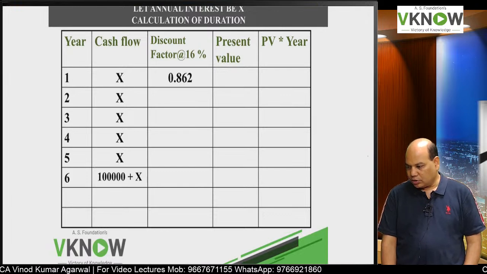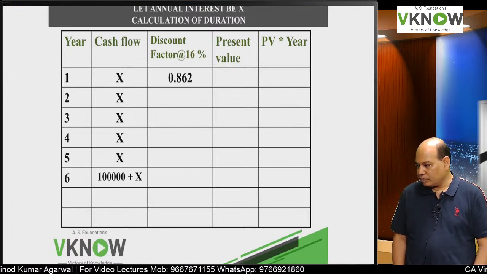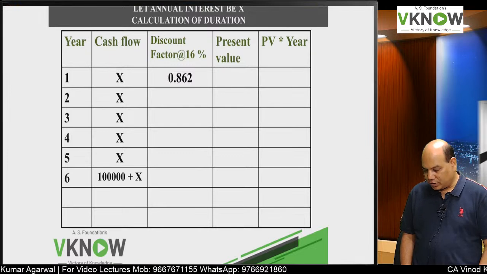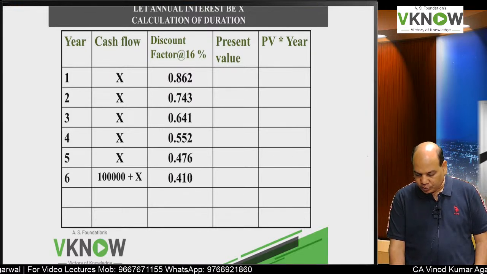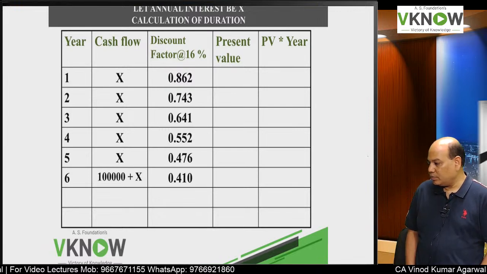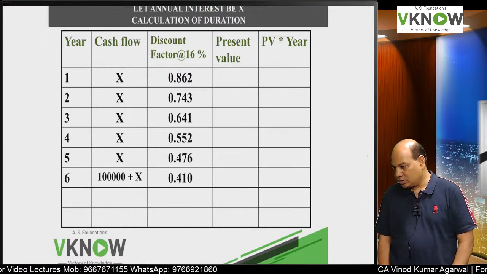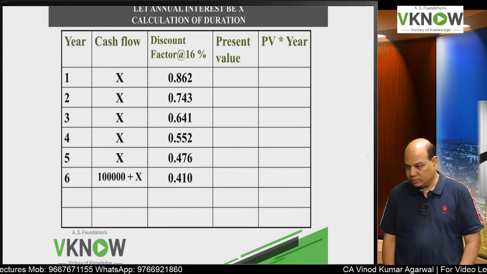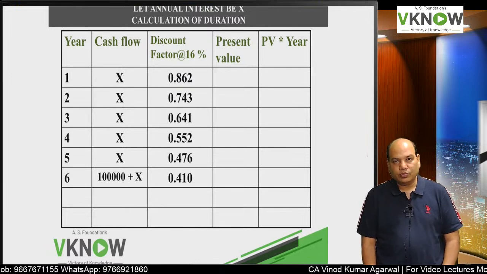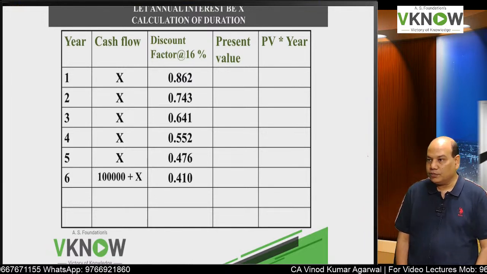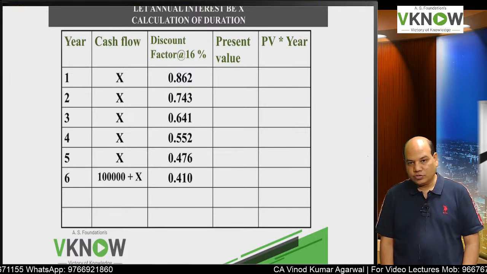Then calculate the discounting factor at 16%, 1 divided by 1.16: 0.862, 0.743, 0.641, 0.552, 0.476, 0.410.